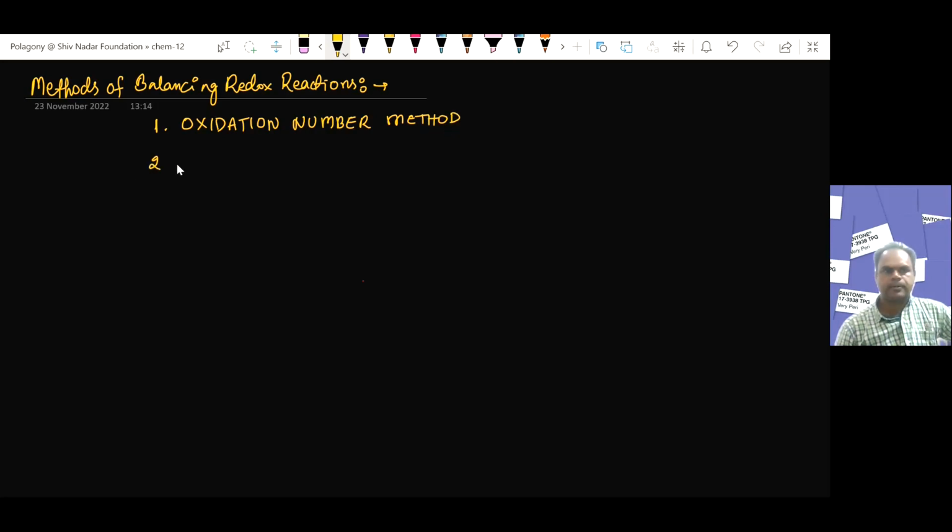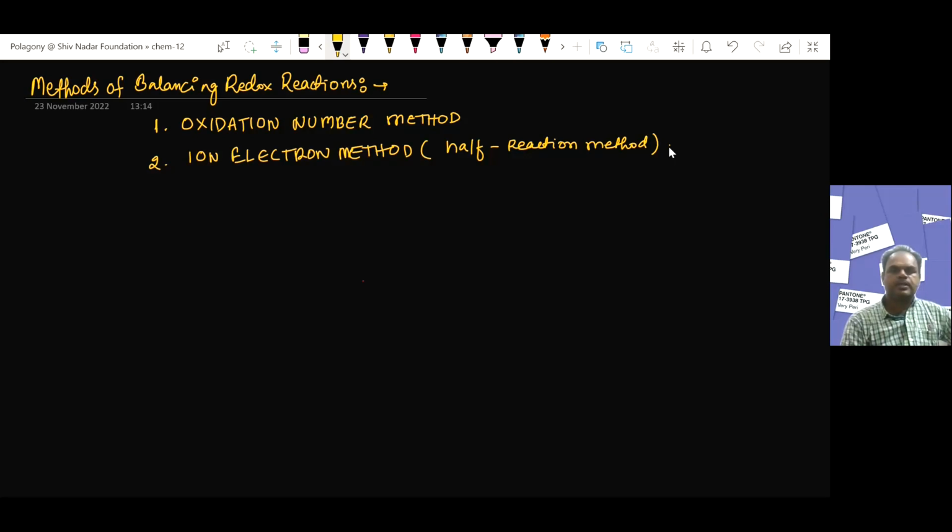Number two is the ion electron method, which is otherwise called the half reaction method. So these are the two methods we use for balancing of redox reactions.